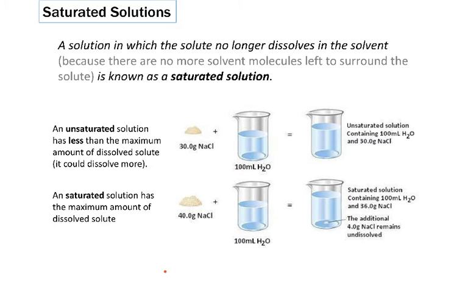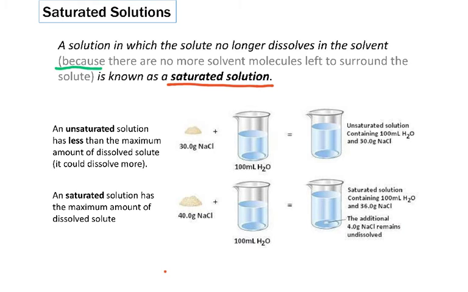So this term saturated is one that has crept into common language, and people use it just to say that there's a lot of something, like the market is saturated, or culture is saturated with this or that. And here we have a specific definition, right? It's the point at which the solute no longer dissolves. And the reason that point occurs is because there are no more solvent molecules left to surround the solute.